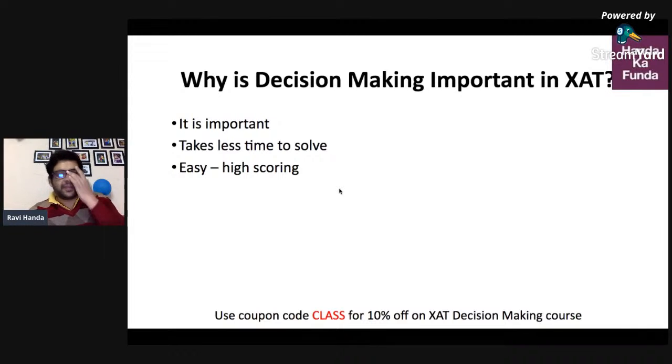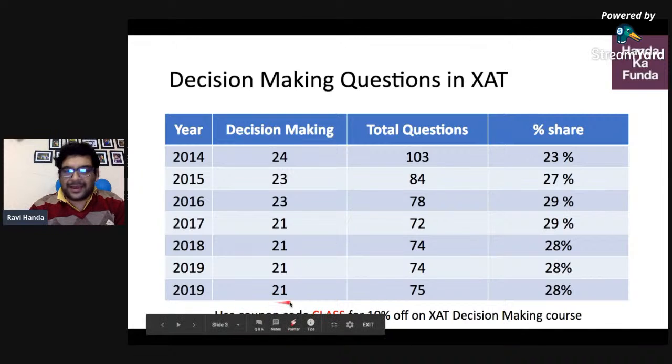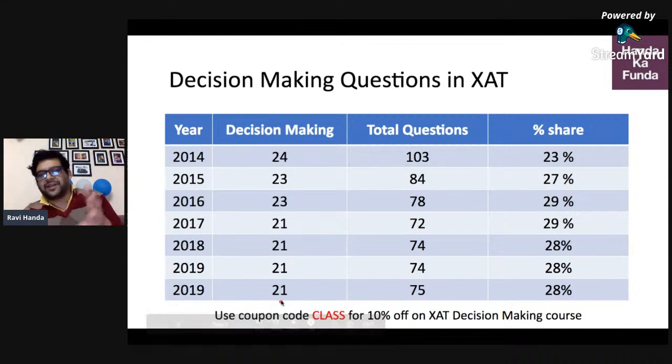It's easy. Once again, XAT traditionally is a very difficult paper. The kind of questions that you get in verbal or in quant are really, really hard. If you look at the historic data, decision making has remained different, even though the number of questions is lesser than average. 21 questions in decision making, if you compare it with the others: quant is typically 24, 25, and verbal is typically 25, 26.